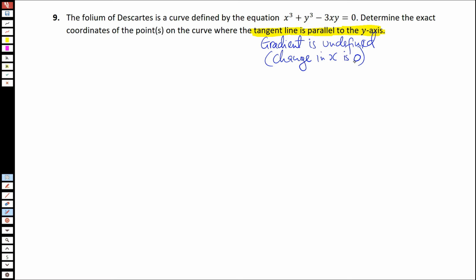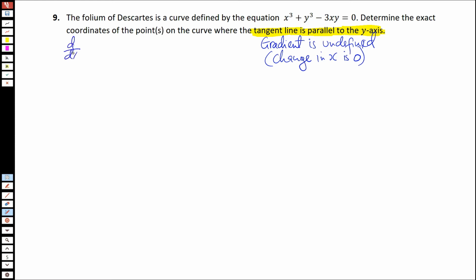Okay, so moving on, we shall find the expression that represents the gradient of this given curve at any point. So dy over dx. To find dy over dx, we have to differentiate term by term.